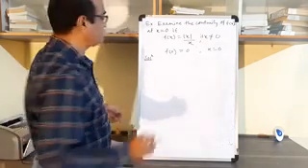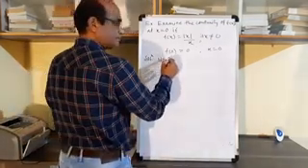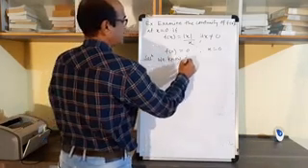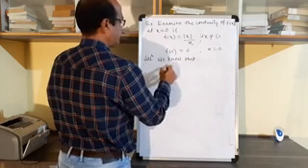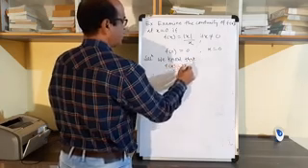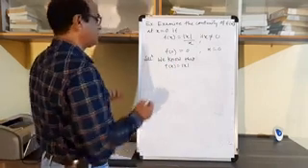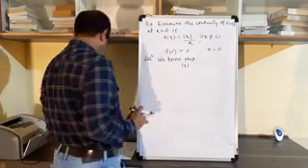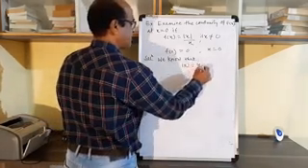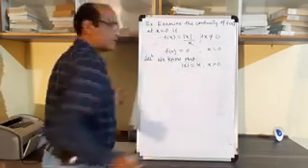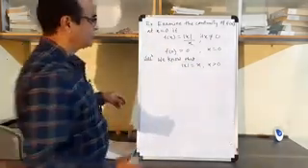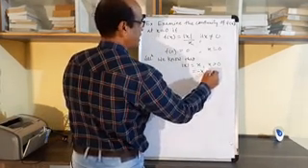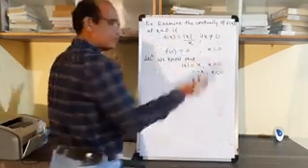So what is the definition of mod x? The definition of mod x is x when x is positive, and mod x is minus x if x is negative.